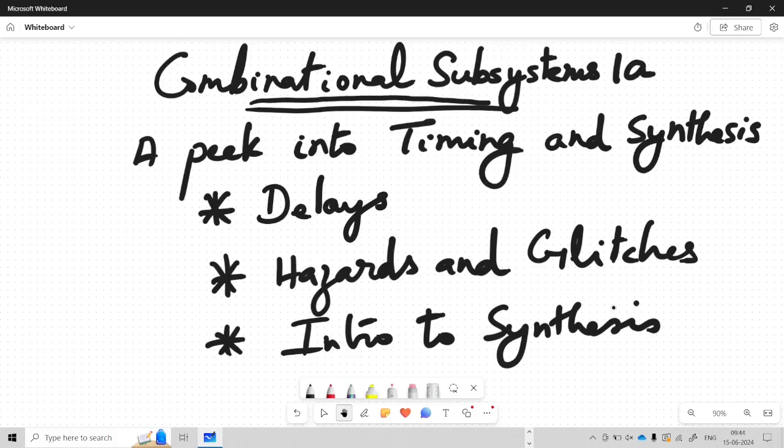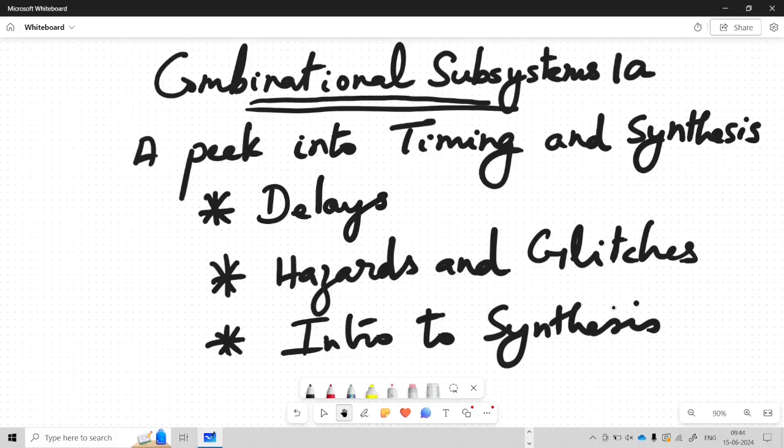But at least for the time being, it is important that we know how the hardware that we are modeling will synthesize, and also what the different issues associated with timing will be.